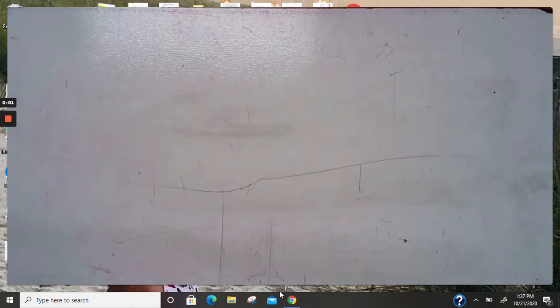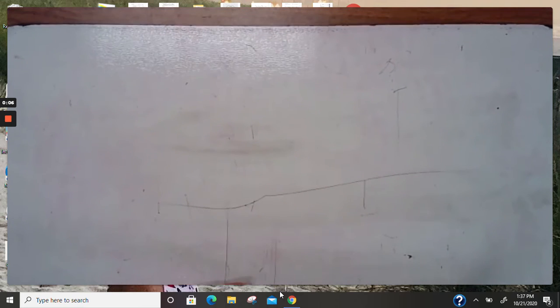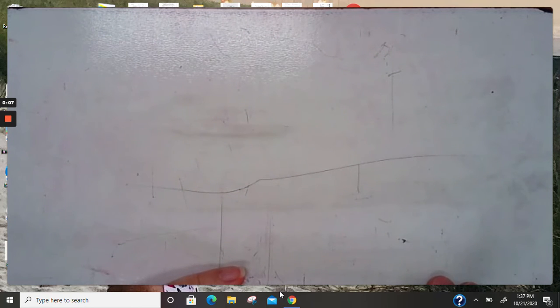Well, hello there. We are going to work today on finding the equation of a line that is parallel or perpendicular to another line and runs through a certain point.